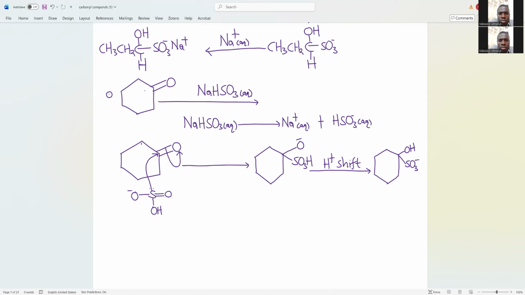Then sodium is added so that we get our desired product.